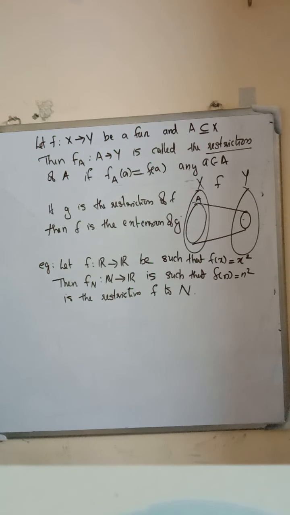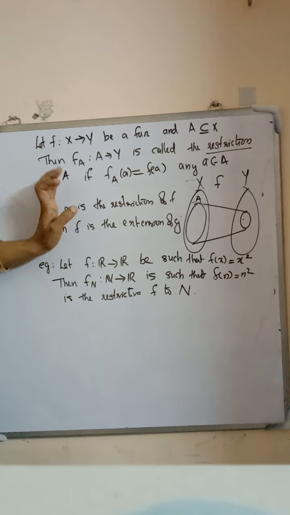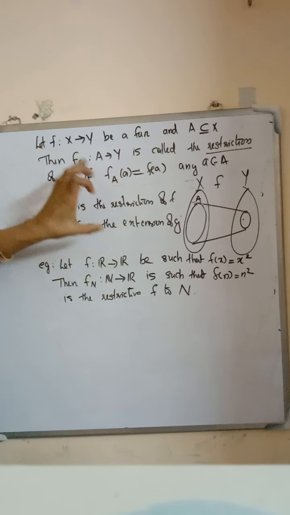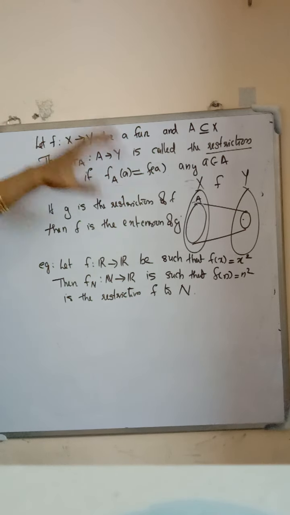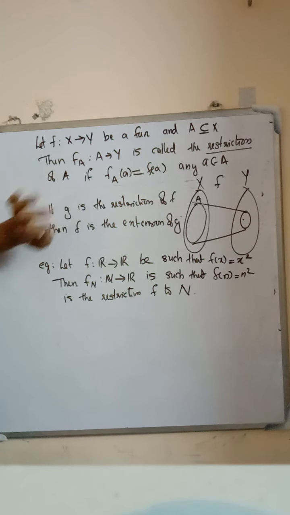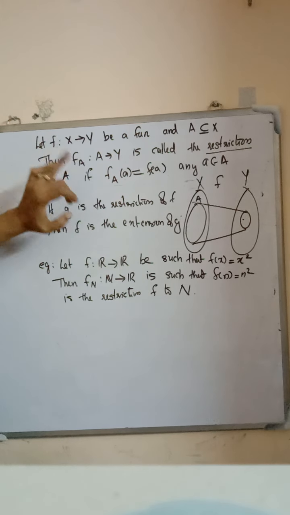That is, in the function f_A, the elements in the set A map to f of a; the images of the function f are the same as the images of the function f_A. Then this function f_A is the restriction of f.